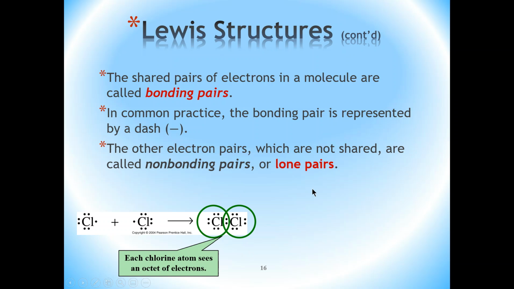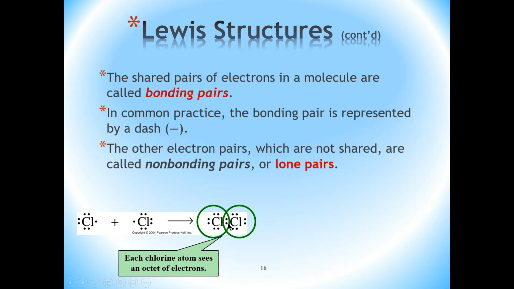At this juncture, it's important that we make a distinction between what are known as the bonding pairs of electrons and the lone pairs, because that will become important, especially later on when you're learning about molecular shapes. So the bonding pairs of electrons are those electrons that are shared between the two atoms.